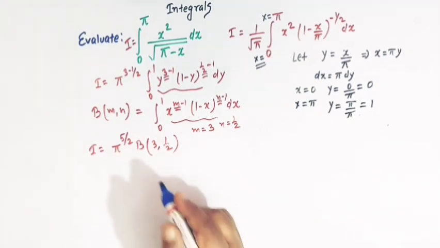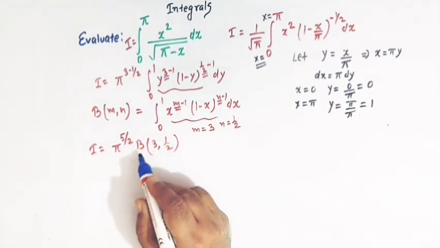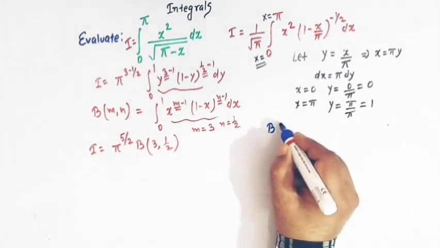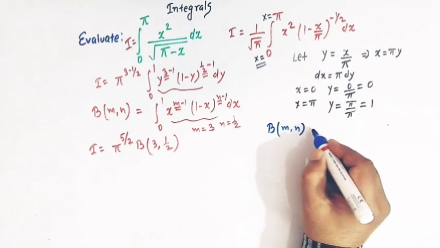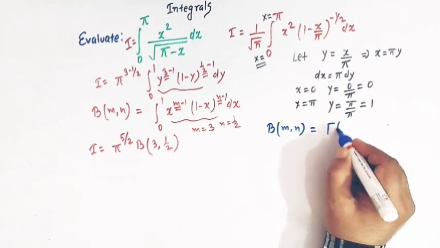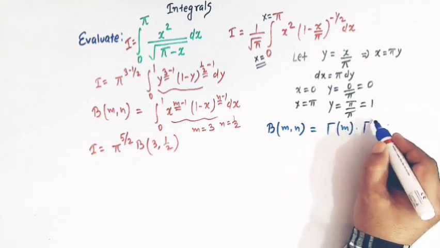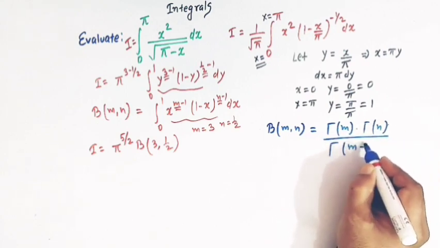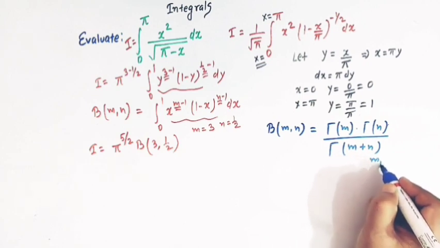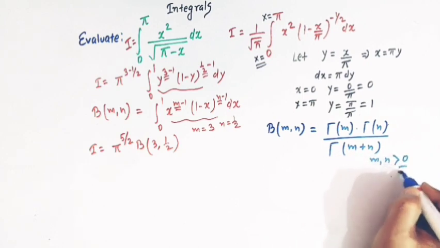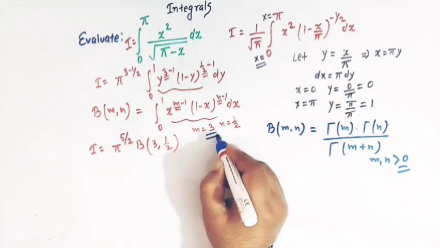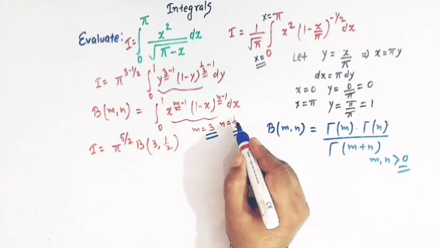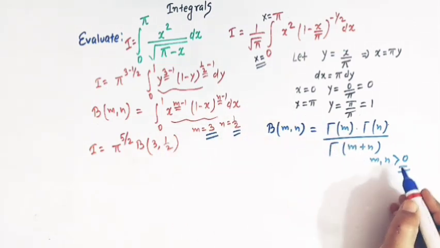Now let us make use of one important relation between beta function and gamma function, right? Now see, beta of mn is defined as gamma of m multiplied by gamma of n divided by gamma of m plus n, right? Where m and n are both greater than 0. Right, so here we have m is equal to 3, n is equal to half, and 3 and half are both greater than 0, right?